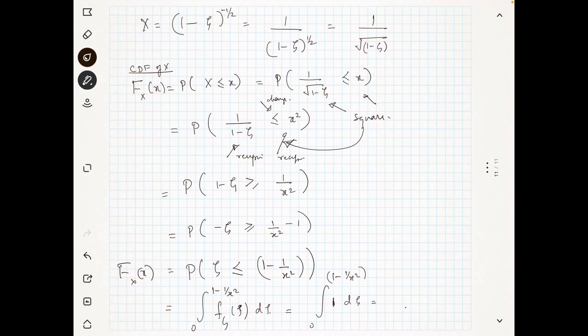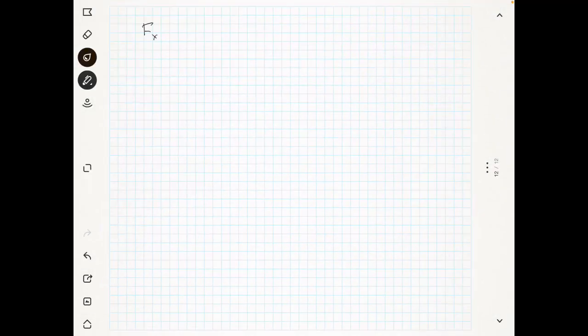After integration you will get zeta, and substituting the limits, you will get the answer 1 minus 1 by x square. So this is the cumulative distribution function for x. The random variable x has the cumulative distribution function 1 minus 1 by x square. So you got the cumulative distribution function.